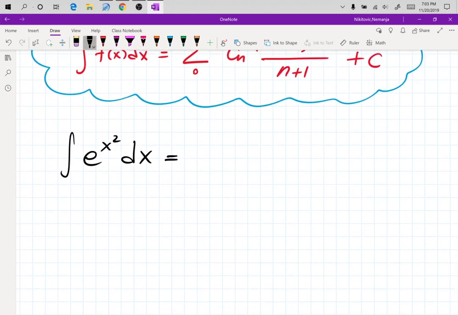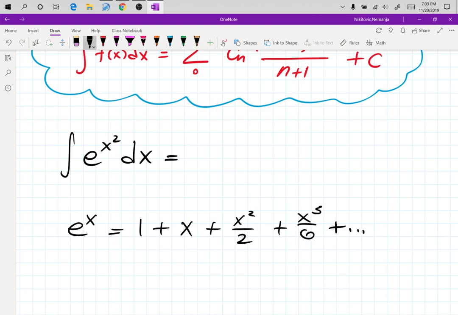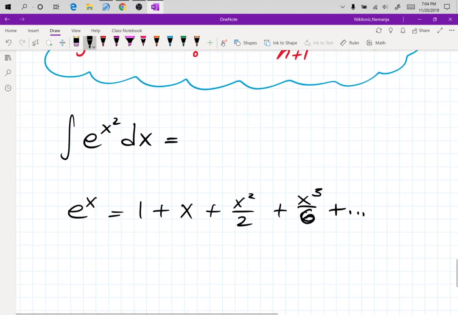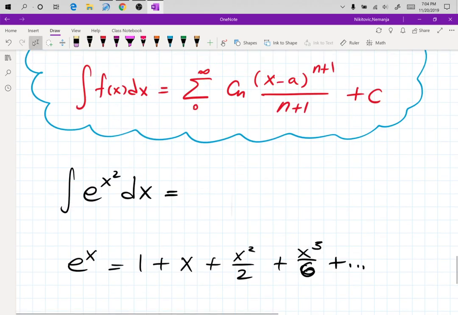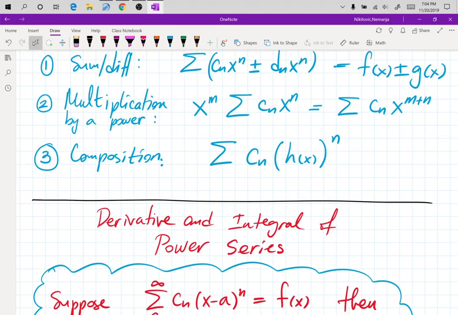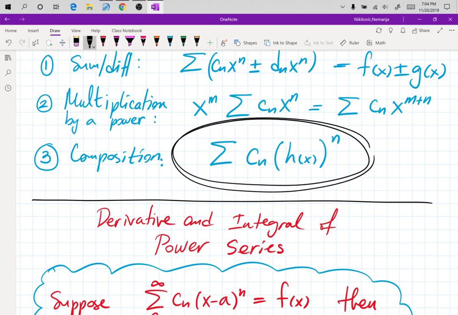Well, the first thing I wrote when we started a class is that e to the x is 1 plus x plus x squared over 2 plus x cubed over 6 plus dot, dot, dot. That was the first thing I wrote when we started a class. And then I had this property which allows me to have function composition. So now every x will be replaced by x squared, because that's how you achieve function composition.